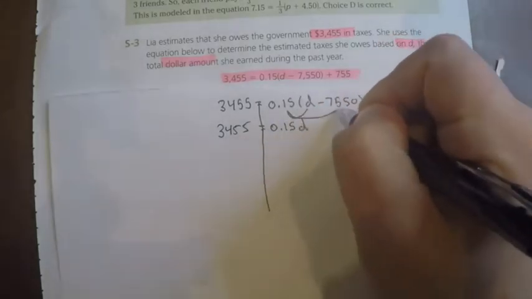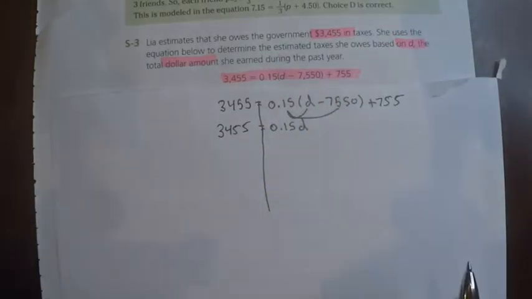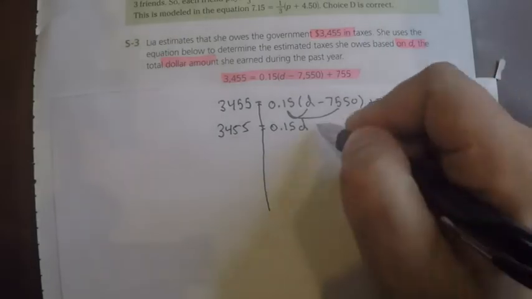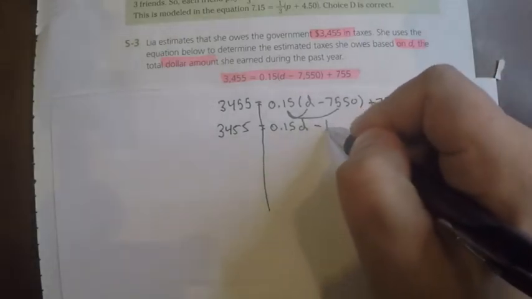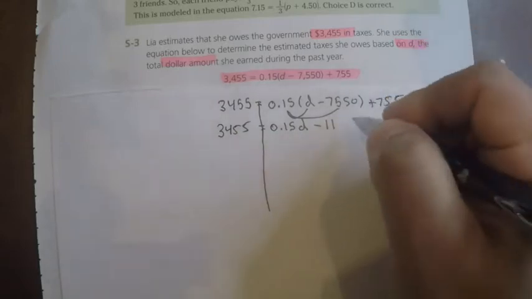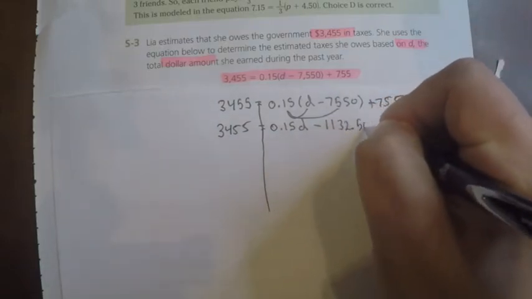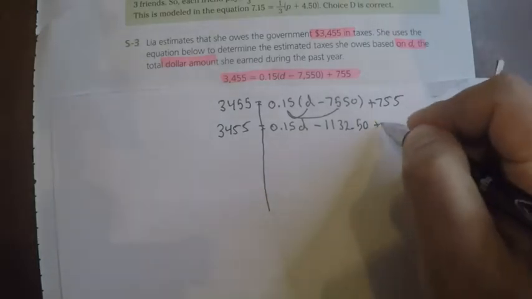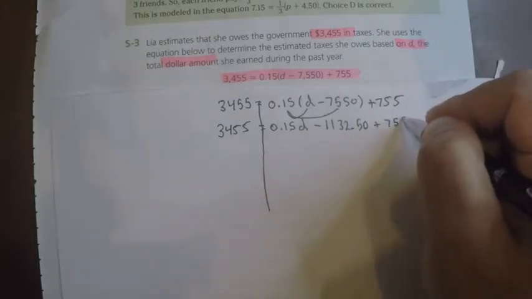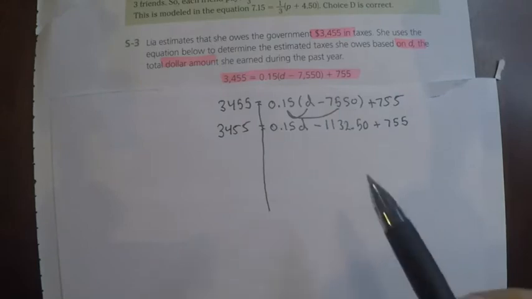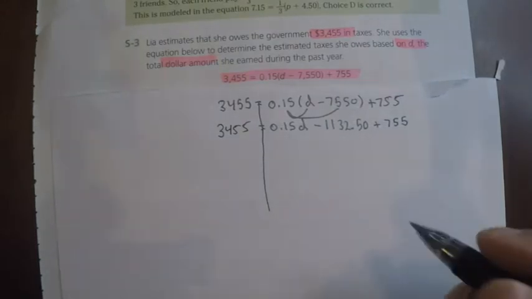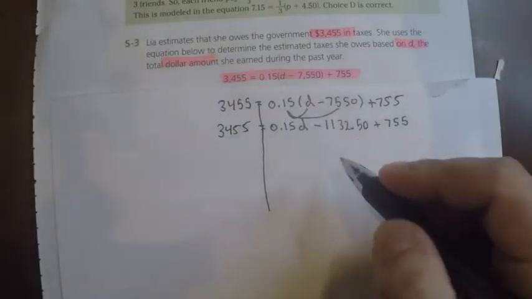Then 0.15 times minus 7,550 is equal to minus 1,132.50 plus 755.